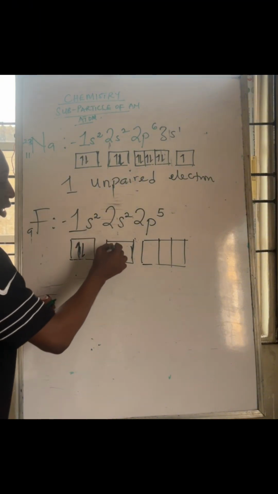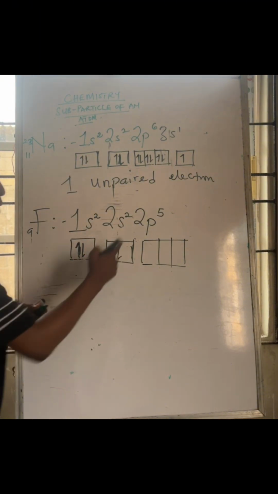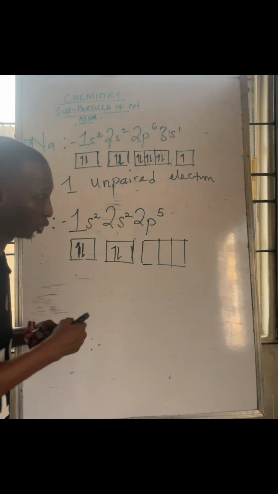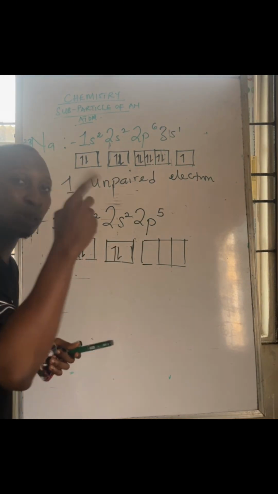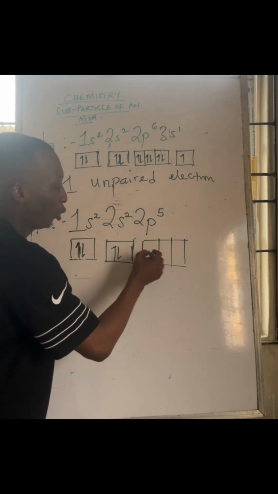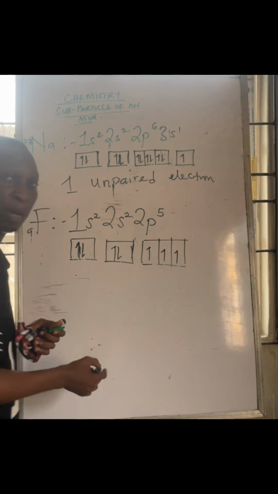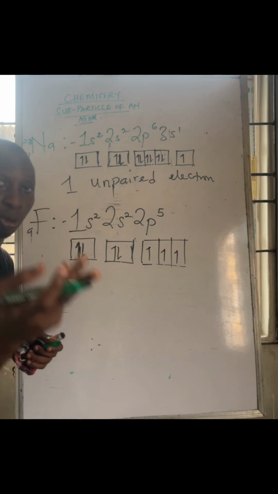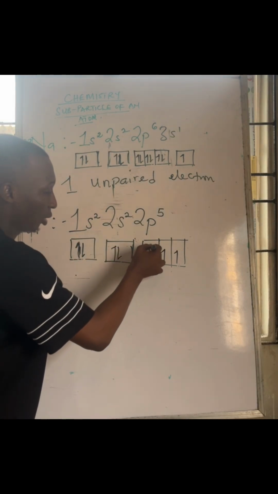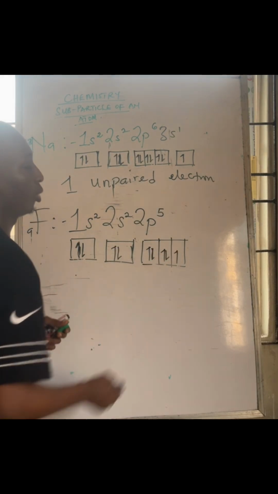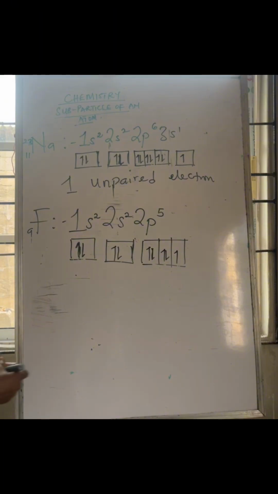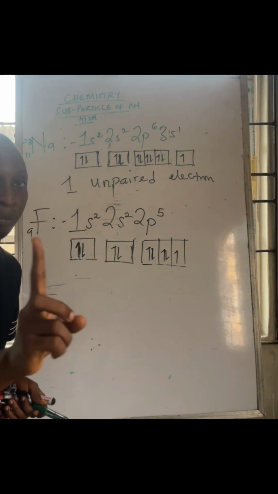The same way this is going to be the same, but this, don't forget the rules. You have to fill them one after the other first before you pair. So for the 5, I have 1, 2, 3. How many more is needed? I need 2 more. So I have 1, then another one. So how many unpaired do I have here? I have just 1 unpaired.